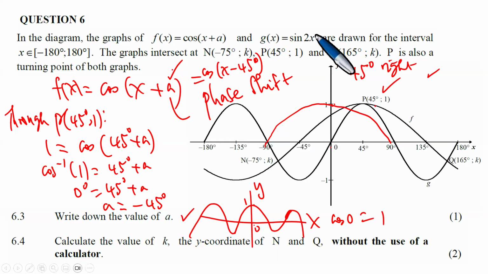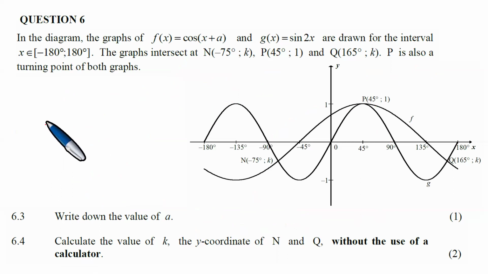Now, okay. Now, what is the value of k? Right, so I'm waiting for now also.